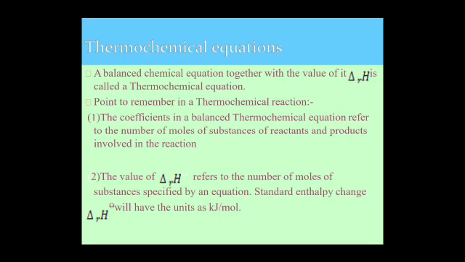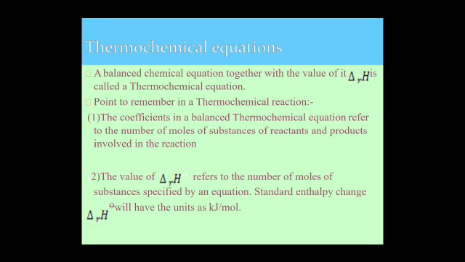Points to remember: the coefficients in a balanced thermochemical equation refer to the number of moles of substance of reactants and products involved in the reaction. The value of delta rH refers to the number of moles of substance specified by the equation. Standard enthalpy change, delta rH, will have the unit kilojoule per mole.